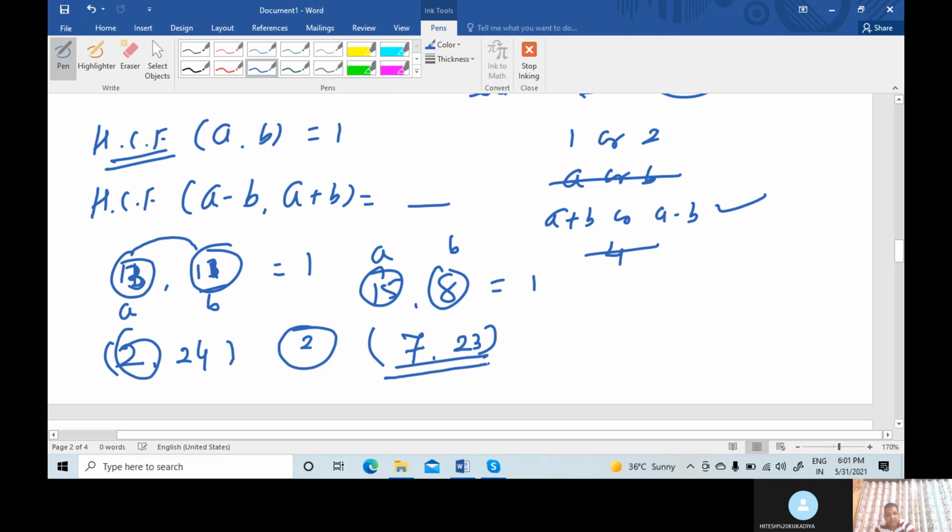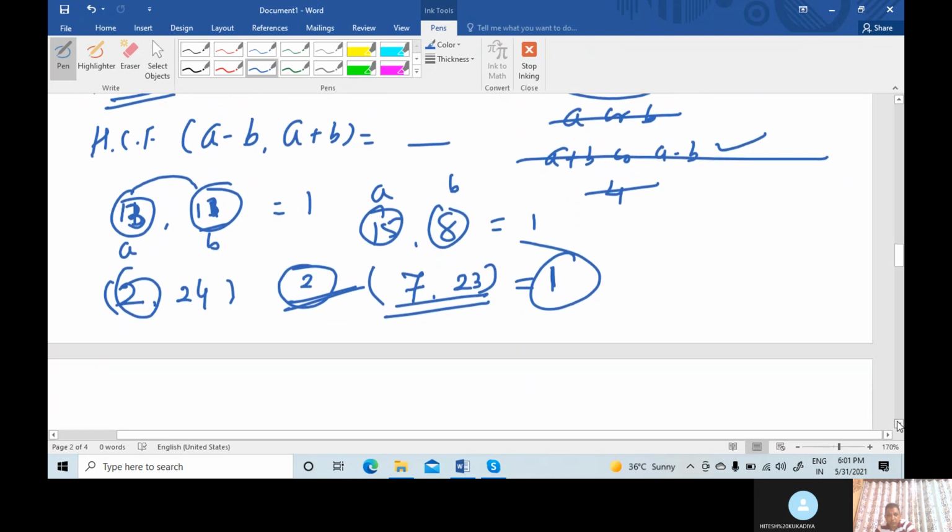Now find HCF. Both are prime numbers, so HCF is again 1. So A plus B and A minus B are not possible. So only the answer 1 or 2, because our answer here is 1 and here 2. Is that clear? So this was a most important MCQ also.